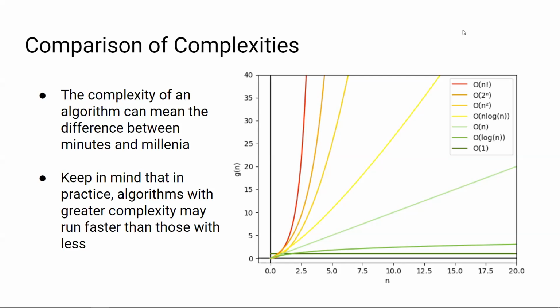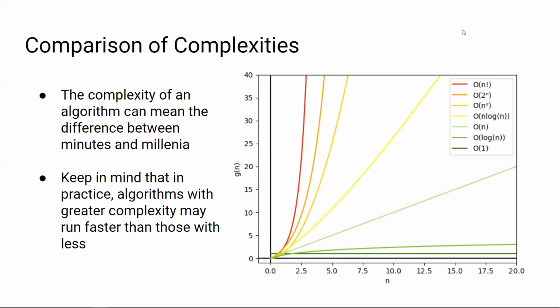If you have an O of n factorial algorithm, it's very easy to come up with an input that will take billions of years to complete, basically. So the complexity of an algorithm can mean the difference between minutes and millennia. And always keep in mind, though, that algorithms with greater complexity may run faster than those with less in practice.